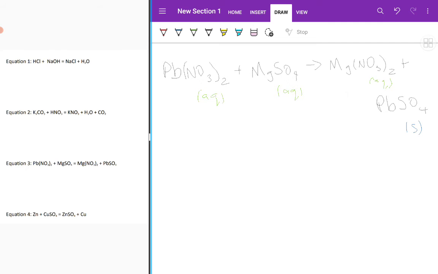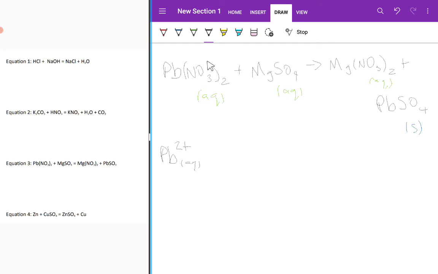Now we need to go about breaking up the aqueous compounds so that we can get our ionic equation. Now, lead nitrate is made up of lead ions, which are Pb2 plus ions, and they are aqueous.